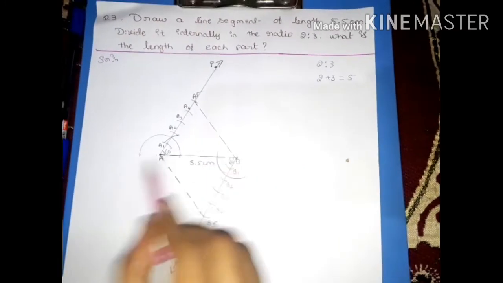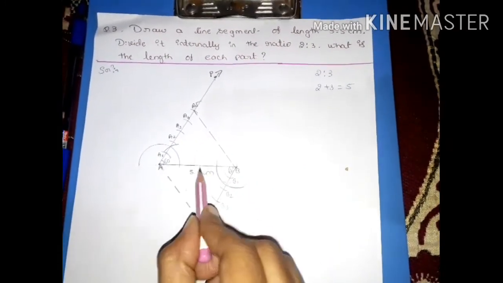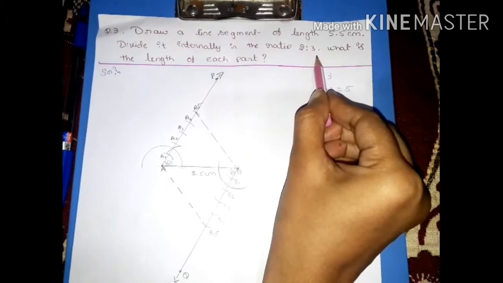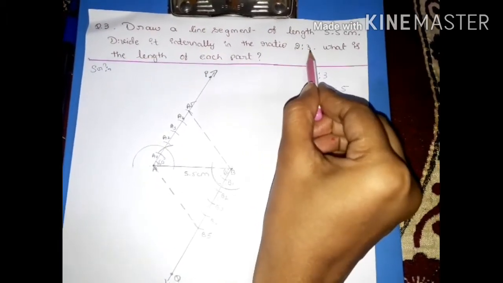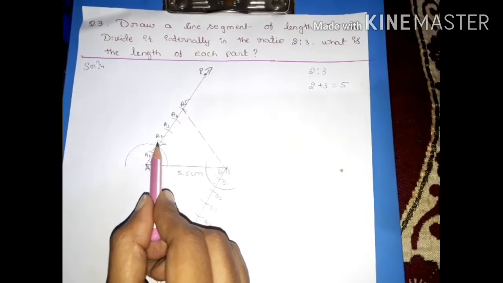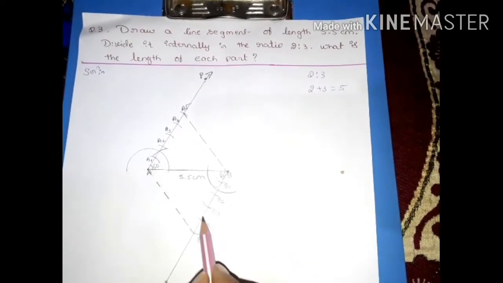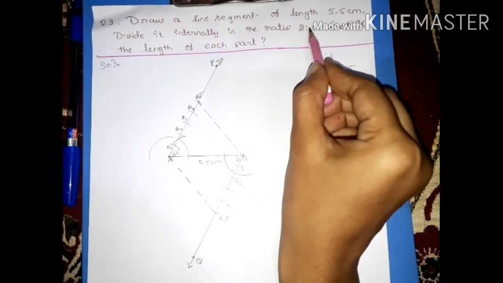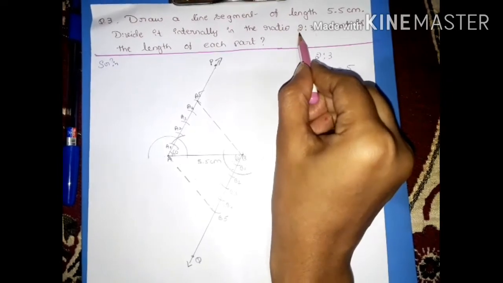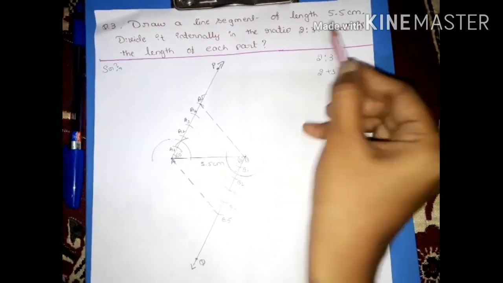Now, you have to divide the given line segment into the 2:3 ratio. The 2:3 ratio represents A2 to B3. You have to join A2 to B3. Then the given line segment is going to divide in the 2:3 ratio.